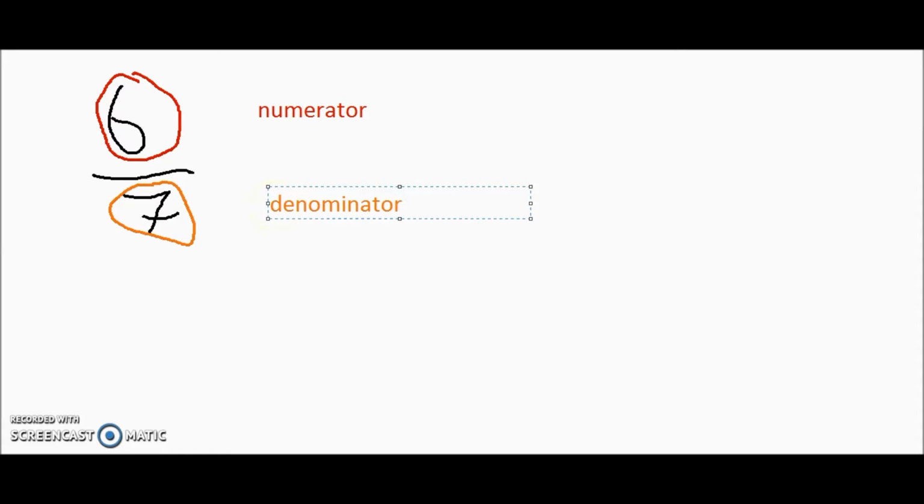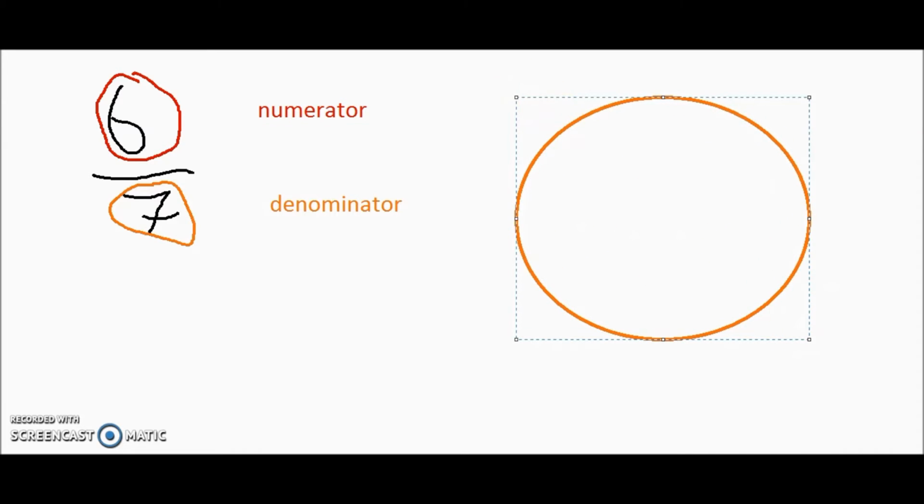So our numerator represents how many parts there are in the fraction we're talking about. And the bottom number, the denominator, tells us how many parts it's divided into. So 6 out of the 7 are going to be colored in. The numerator basically tells us how many of the total number are going to be colored in our circle. So if I draw the circle in there, make it black. Now let's break it down into 7 parts, best I can.